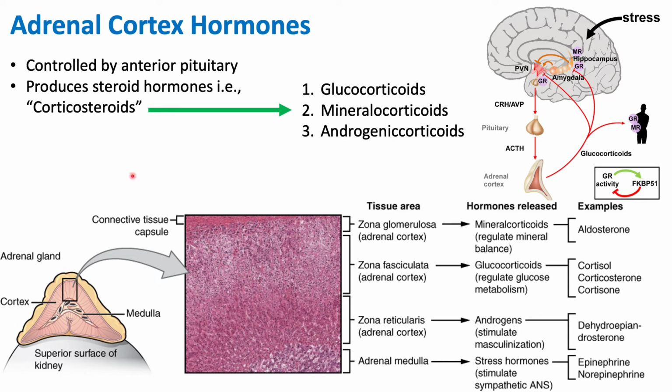Now, we also have to go back one more step to the anterior pituitary and remember that the anterior pituitary can actually release two different types of hormones. It's either going to release tropic hormones or it's going to release direct hormones. The direct hormones, when they're released, are going to directly interact with their target environment, but the tropic hormones will actually reach another type of gland, and that gland will produce the hormone that directly interacts with the target area.